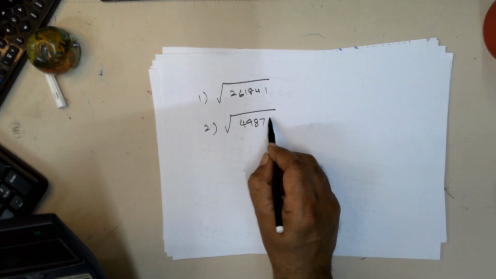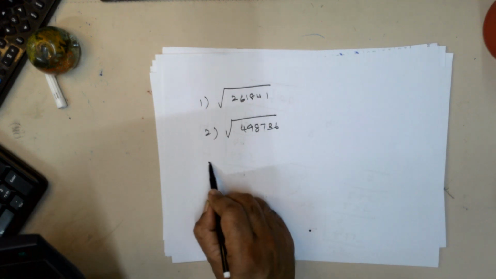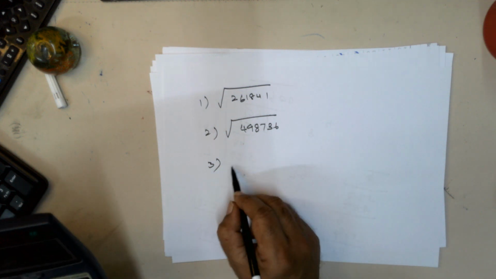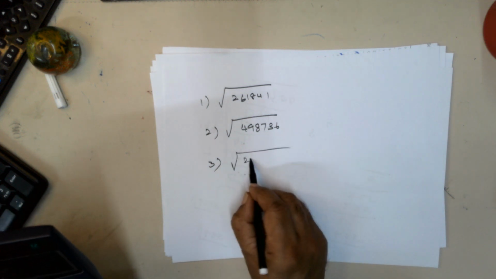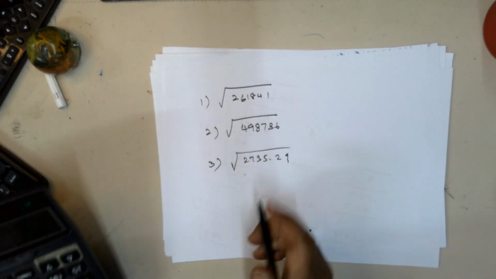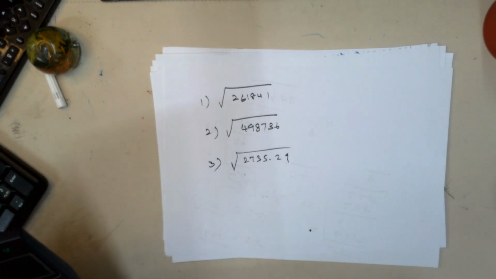These are all for practice. Third one, the square root of 2735.29. Try all these things.